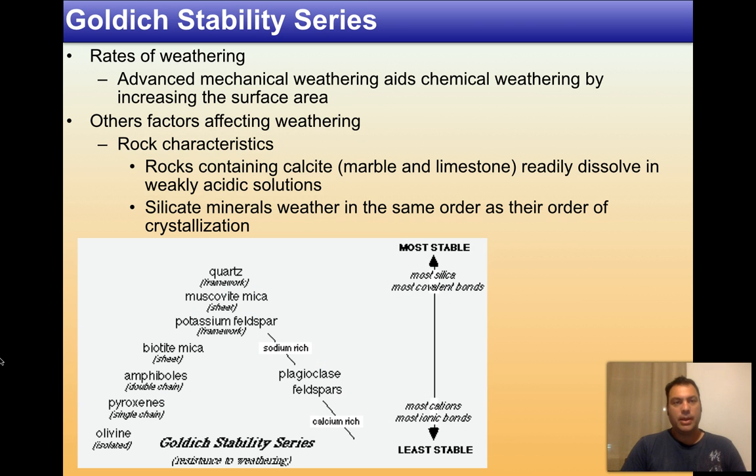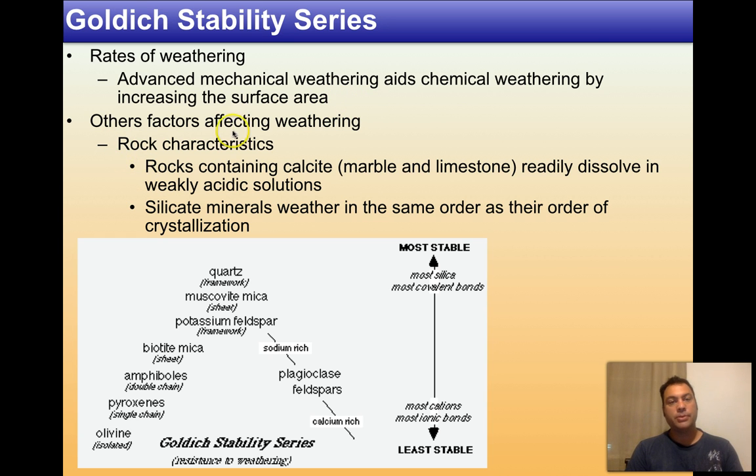Okay, so let's go ahead and formally describe what minerals are going to form at the Earth's surface at the expense of what other minerals that are now unstable. So we have to understand what is stable and what is unstable, because that's going to affect our rates of weathering. Okay, so advanced mechanical weathering aids chemical weathering by increasing the surface area. We just described that.